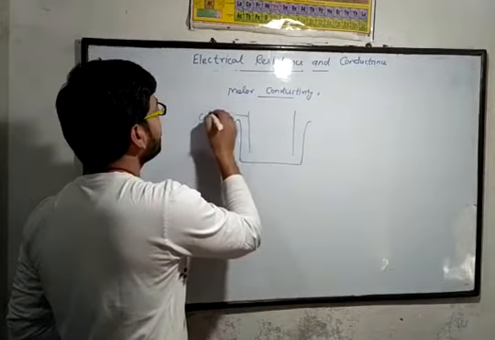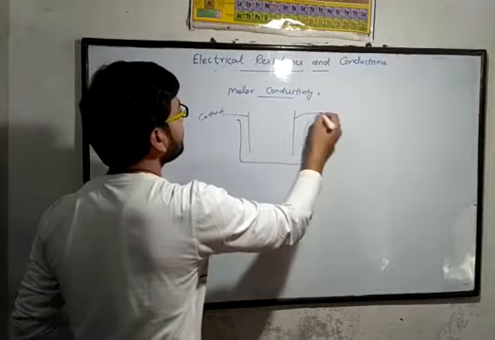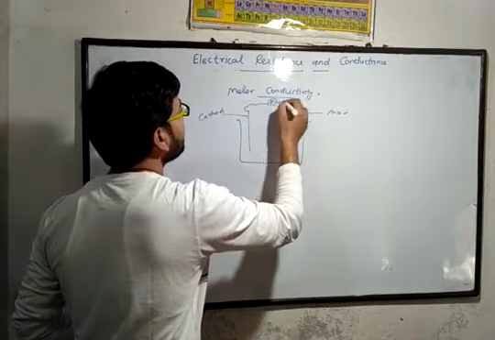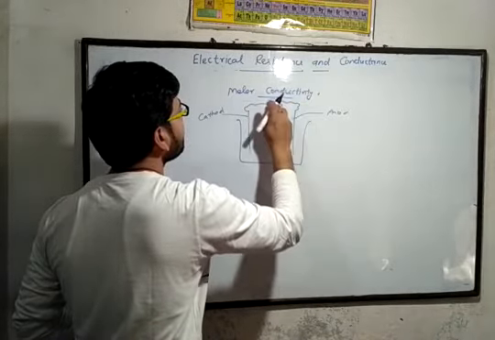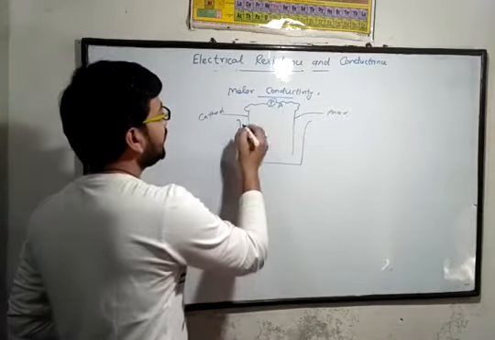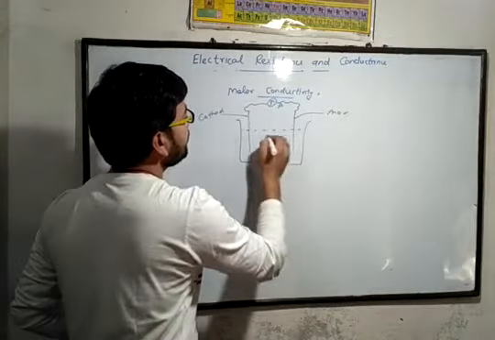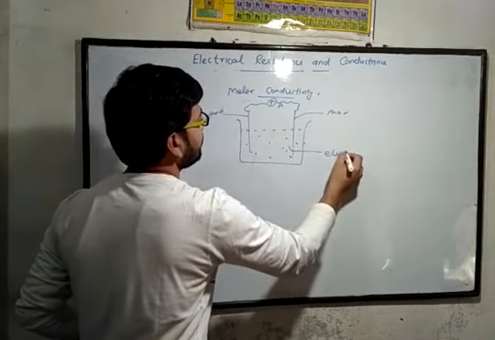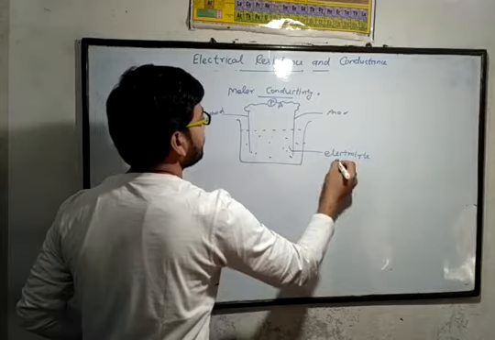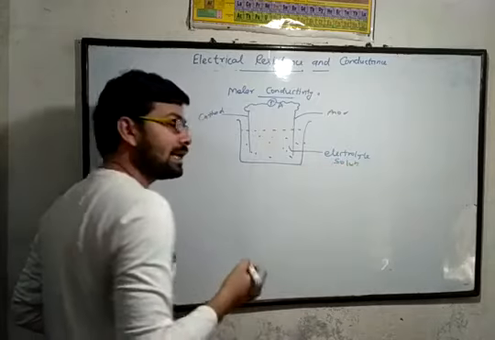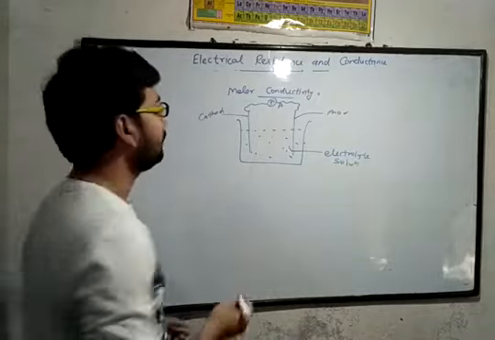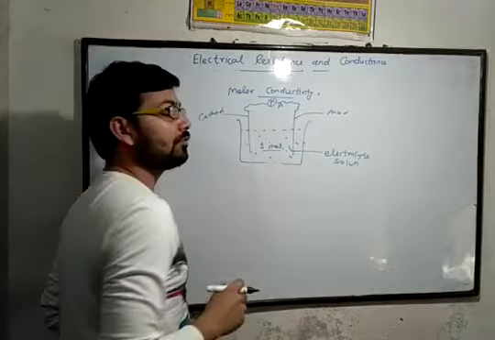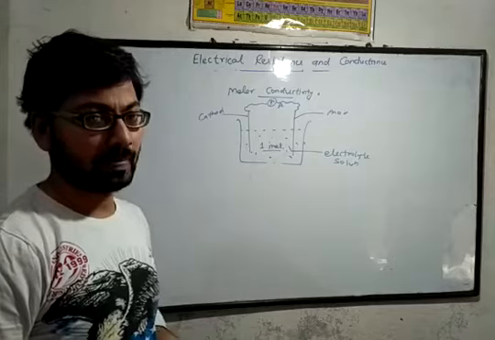The first one is the cathode and the second one is the anode. This is the ammeter. Let us think this is an electrolyte solution of 1 mole of electrolyte.